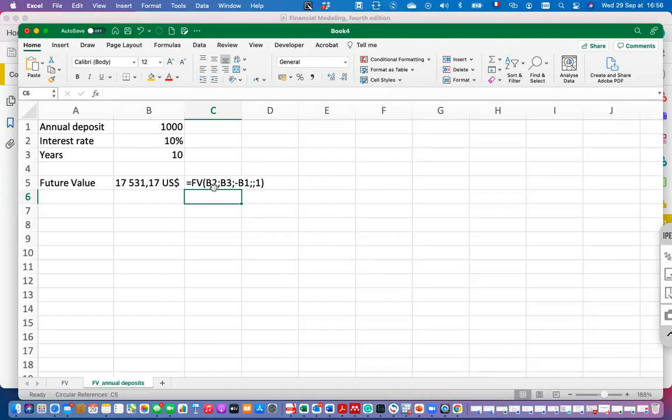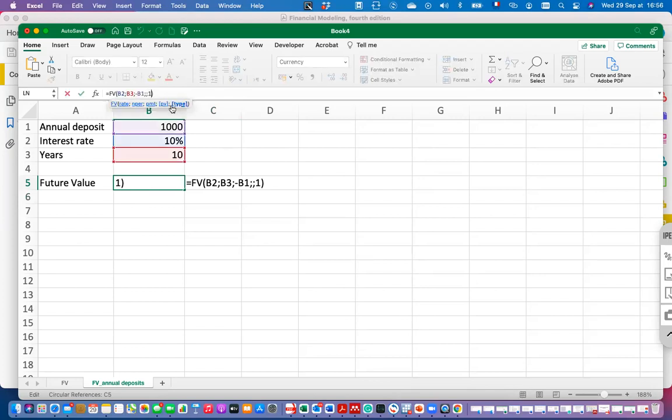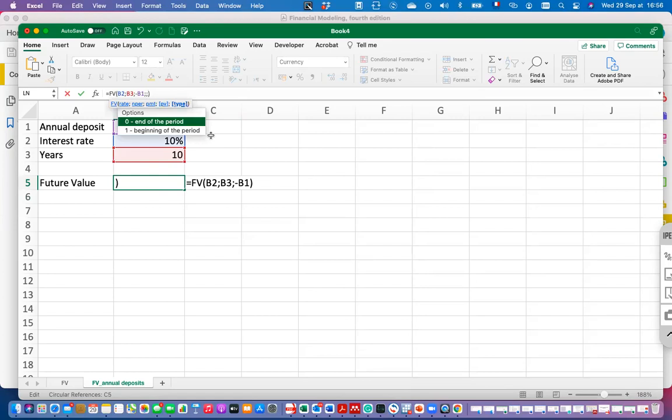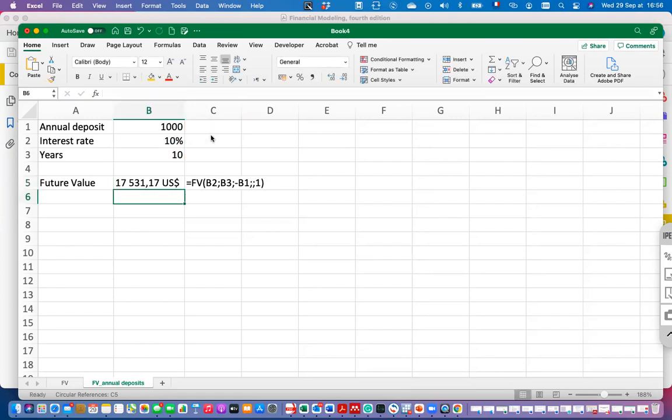And this simple change will have dramatic consequences, because we are moving from 15,000 to 17,000. شوفوا مثلا لو خليتها فاضية، ما حطيت الواحد، يعني كأني قلت للإكسل إحنا بنجيب $1000 آخر كل سنة وأول كل سنة، وش بيصير؟ ثروتي بتنزل من $17,000 كاملة إلى $15,000. So you have to pay attention to the question during the exam.